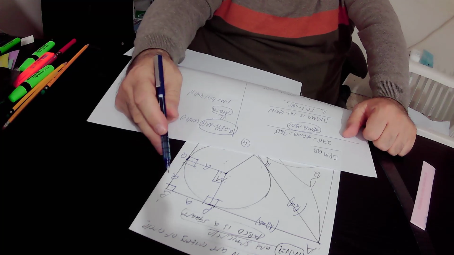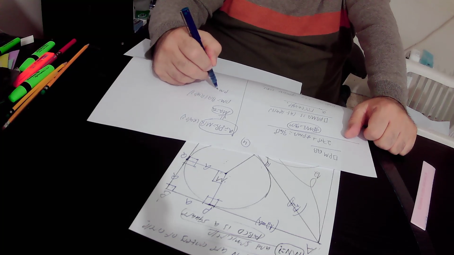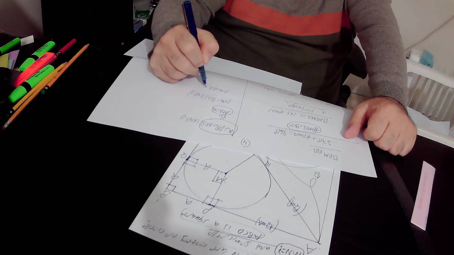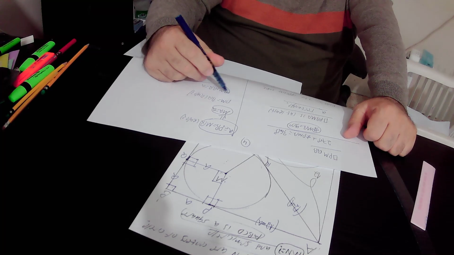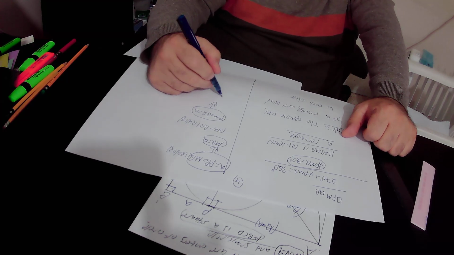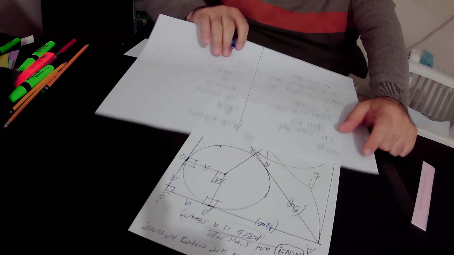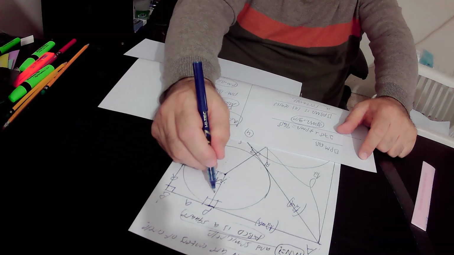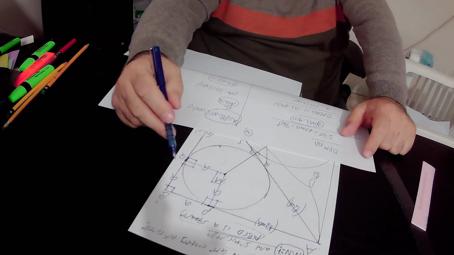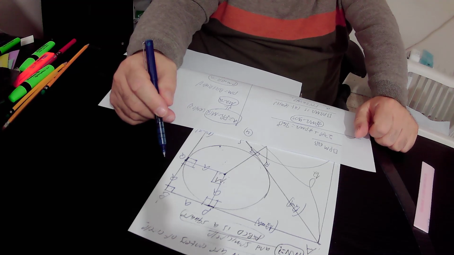But we've already found out that BQ equals A. So from this equation, PM equals BQ equals A, we will derive that PM also equals A. So here PM equals A, so we found out that quadrilateral PBMQ is a square. Okay?